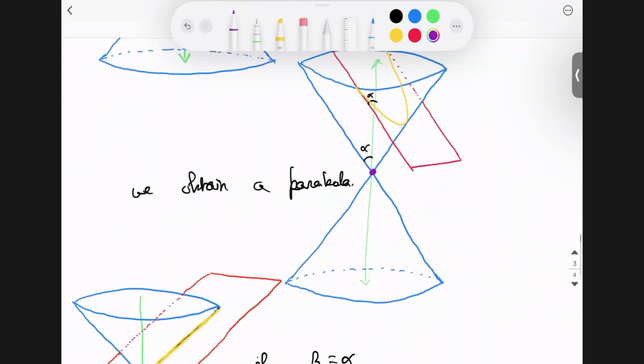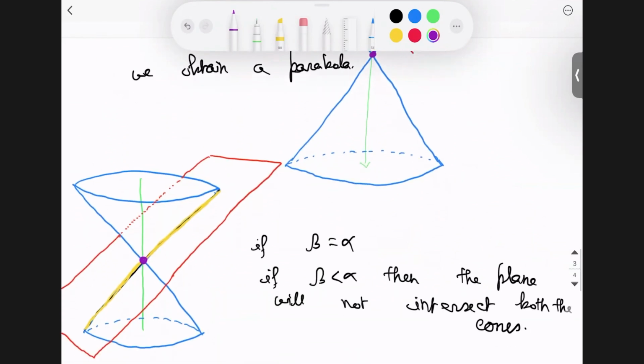But here I am getting a straight line, and you can see that here the plane is passing through the vertex. You can clearly check that.